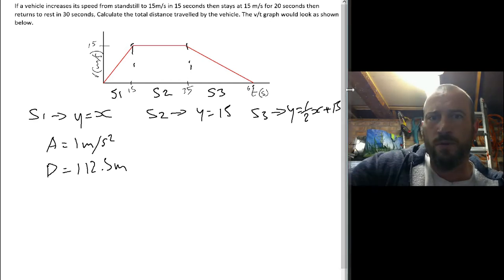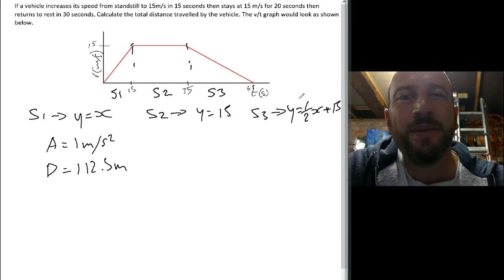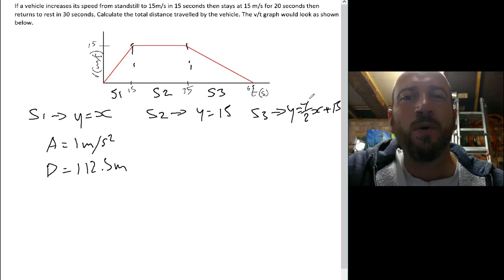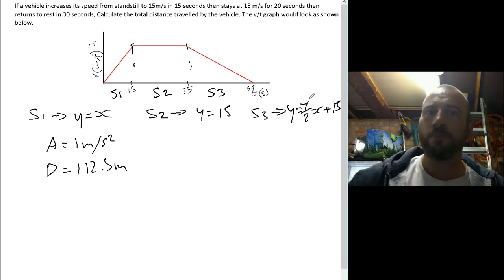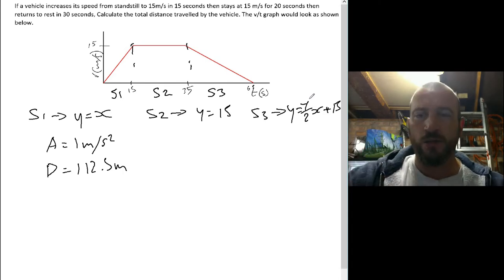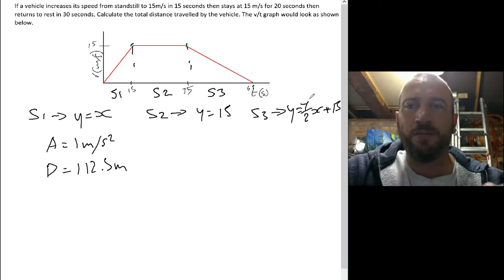There you go, so there's our three functions. We've done section 1. Section 2, let's integrate first.